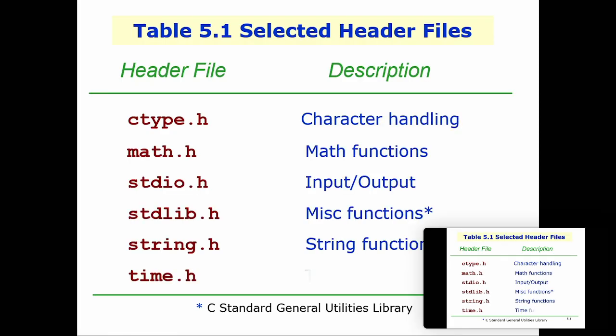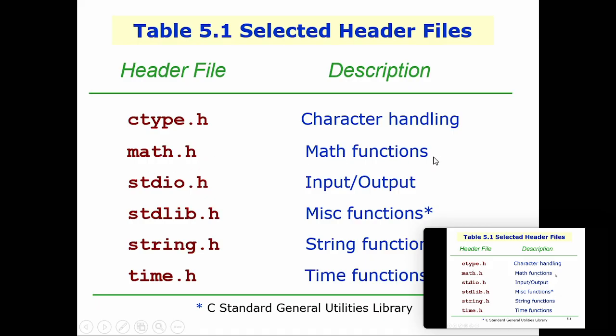Then there are various header files. ctype.h, this ctype header file contains character handling. So it evaluates whether the characters are alphabet or number, or it switches lowercase to uppercase or the opposite direction. So you already used math.h.